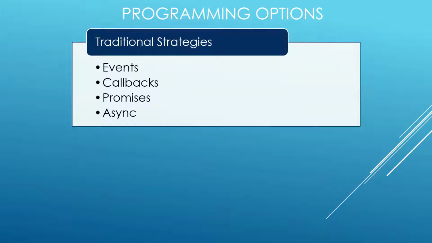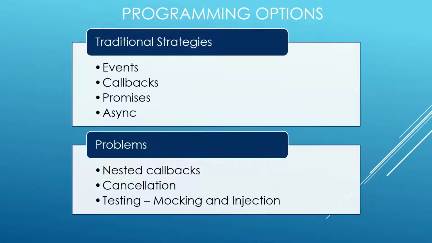But there are some challenges that we run into using these kinds of programming models. One is, has anybody dealt with that nested callback hell, where you get indented 20 levels deep on a callback and you're trying to figure out what that callback was for? And of course, you probably should refactor your code a little bit more and use a more functional kind of programming syntax for that, but that's sort of beside the point. The other thing is, think about an event. How do you cancel an event?